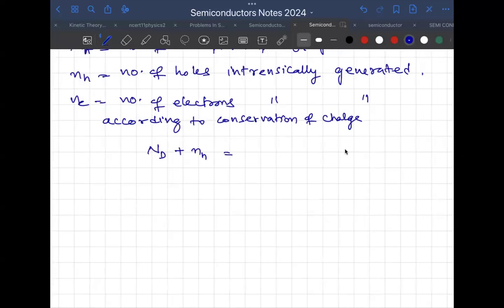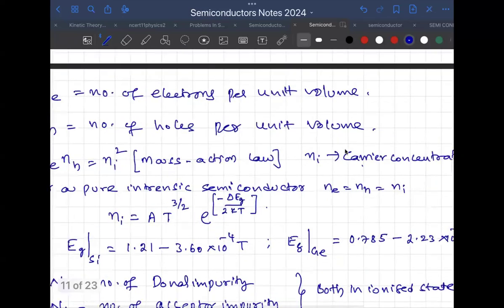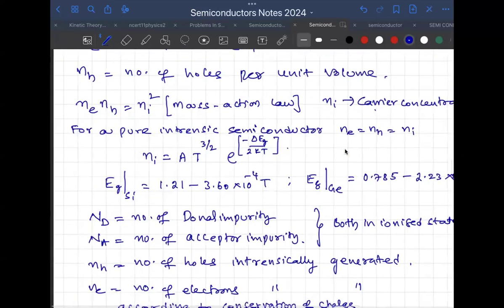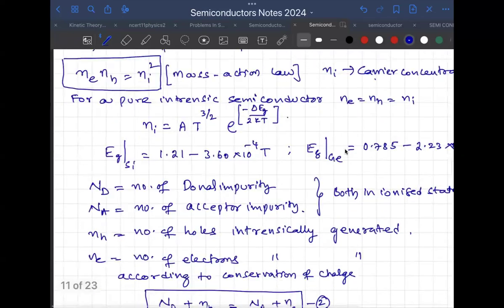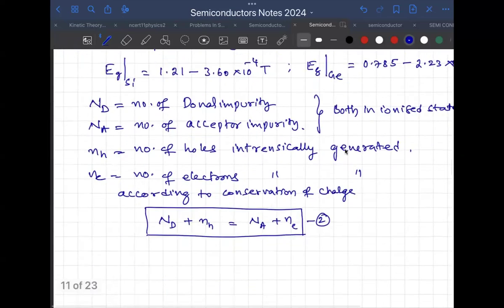This should equal the negative charge: when I accept with p-type impurity, it becomes negatively charged, and electrons are negatively charged. So NA plus Ne. Remember, the law of conservation of charge and the law of mass action, these two will decide the fate of any numerical. You must know these two to solve any numerical related to PN junction.